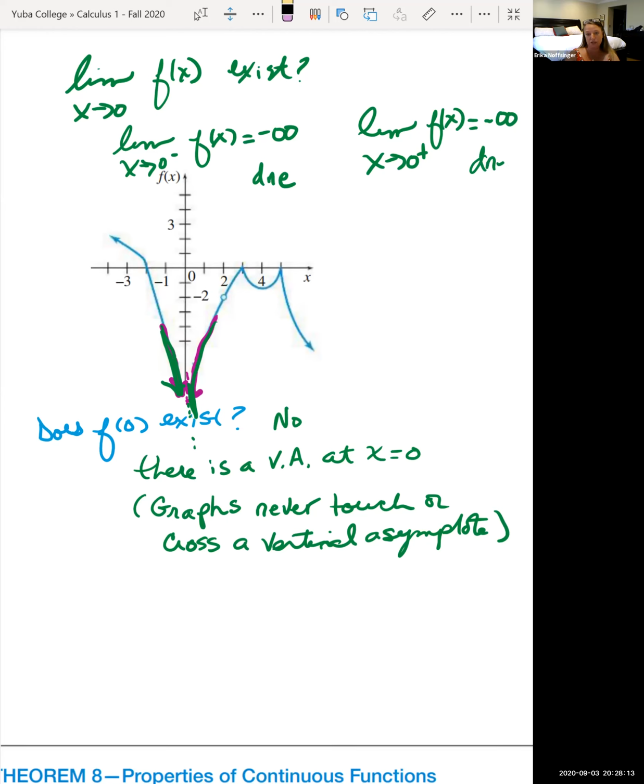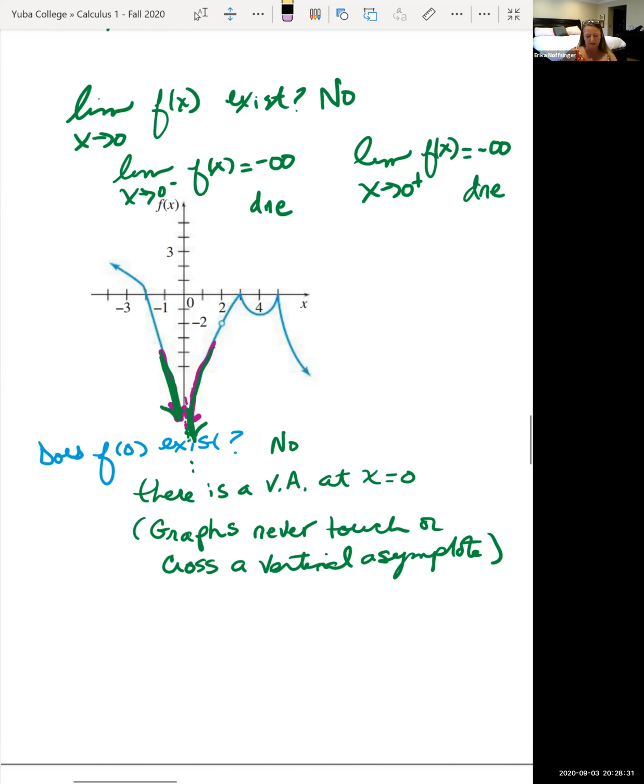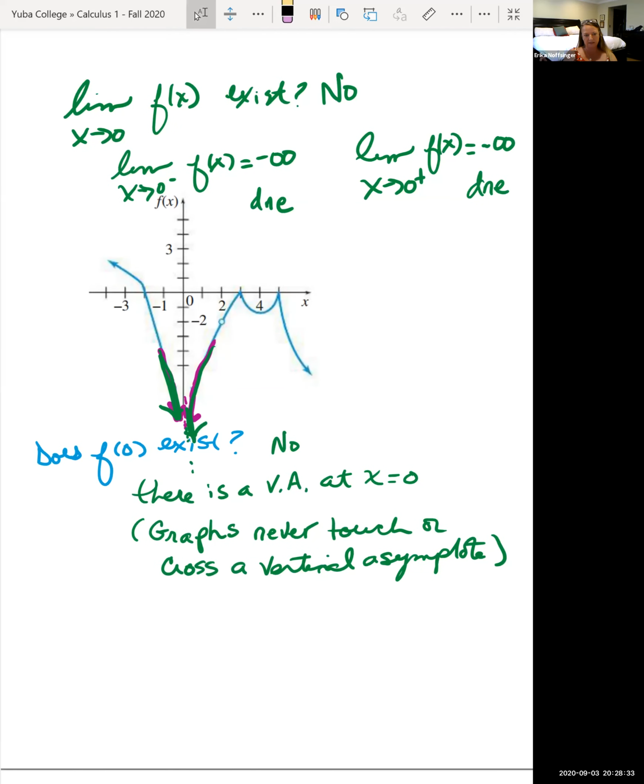But something that approaches infinity or negative infinity, not one y value, then doesn't exist. So this is actually no. So right there, that one condition isn't met, and so it's not continuous.